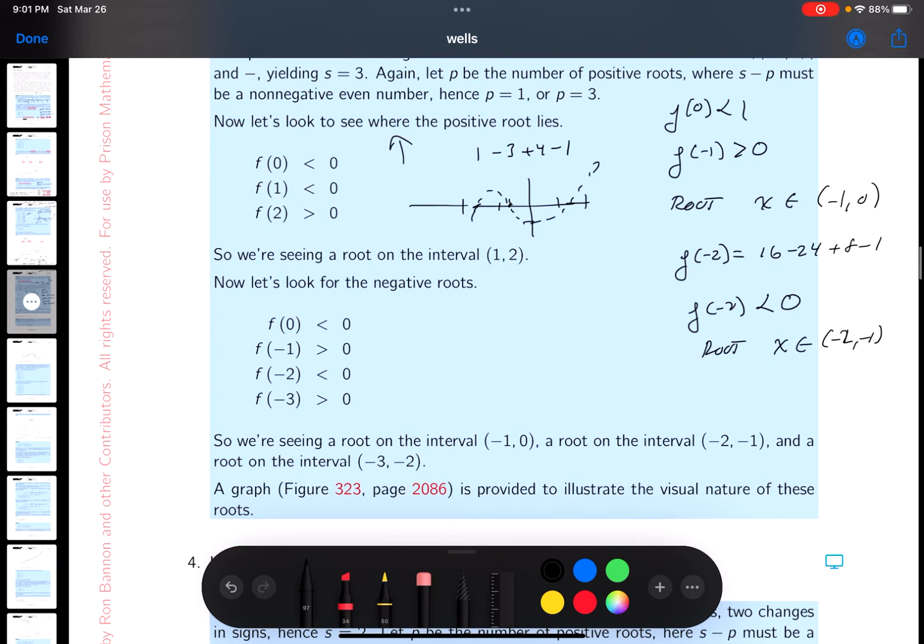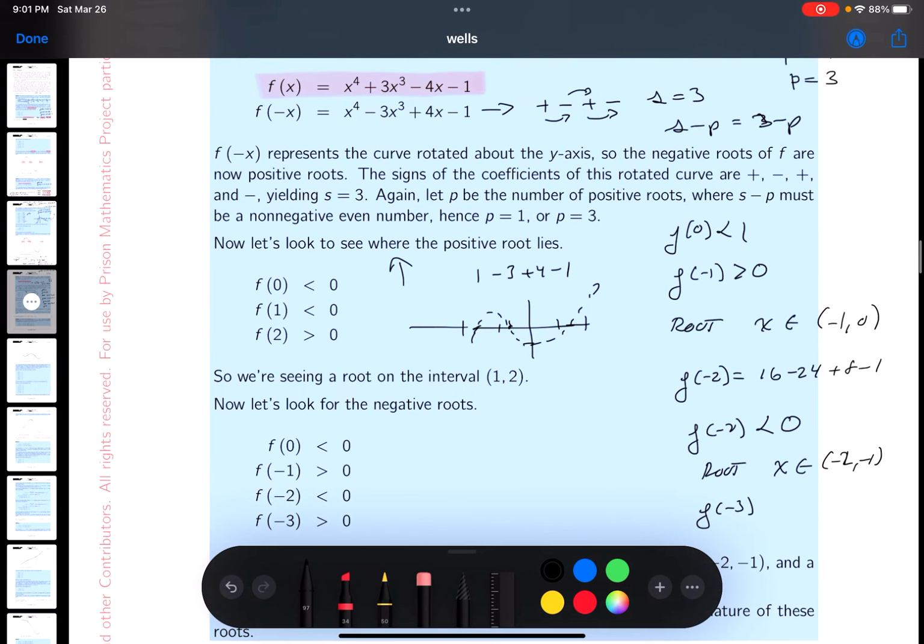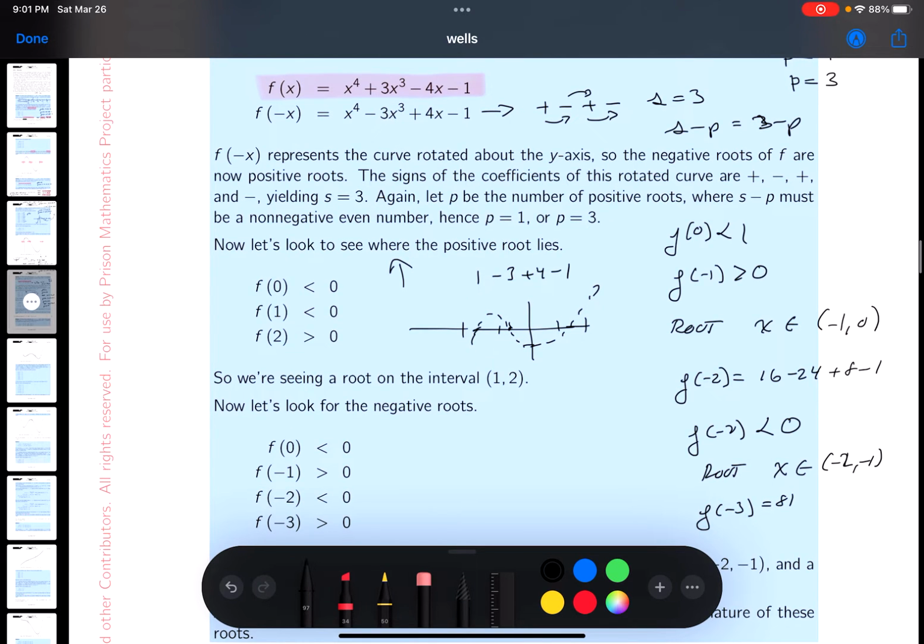All right, so I'm going to keep searching, and I'll do f of minus 3. And what's that going to be? That's pretty tough computation, right? 81. And then, let's see, you would get minus 81. That's nice and convenient. Then you get plus 12 minus 1. It's positive, all right?